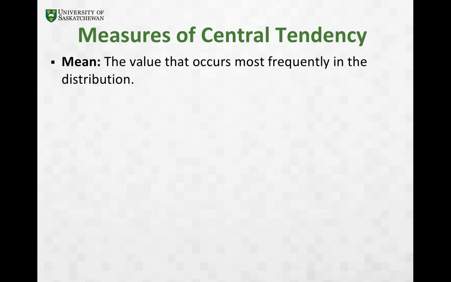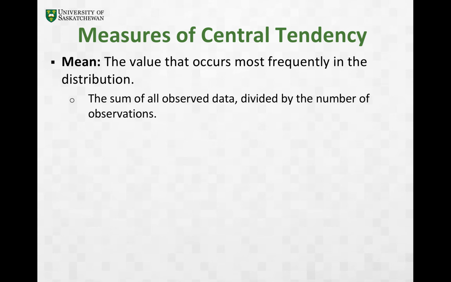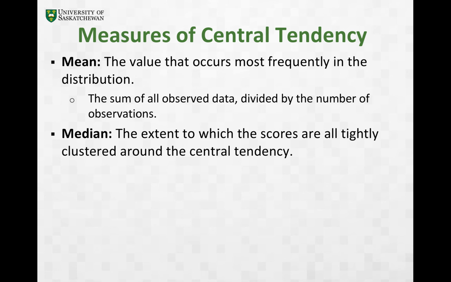So when we're talking about measures of central tendency, we're really talking about three important concepts. First, the mean. That's the value that occurs most frequently in the distribution. In very simple terms, the mean is the average, right? So that's the sum of all the observed data divided by the number of observations. But there's another way to find the middle.